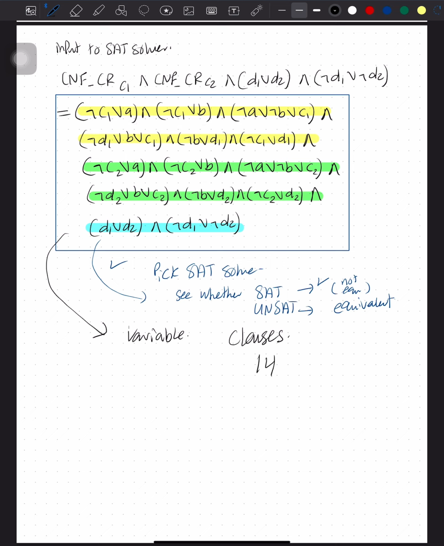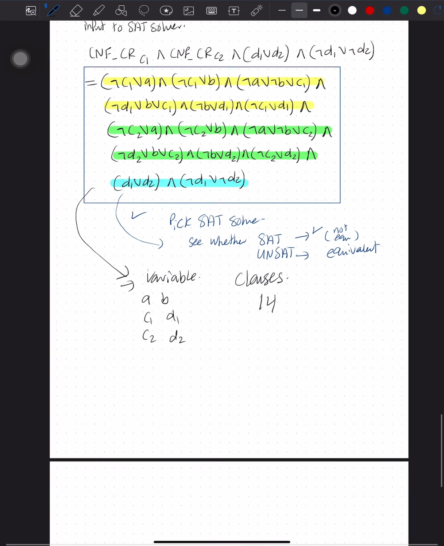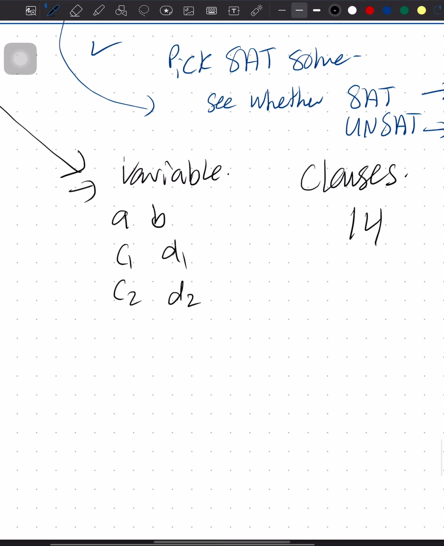Yeah. And then how many variables? Well, I know I have A and B, and I have C and D, but I have C1, D1, C2, D2. You can double check. I don't think there is anything else. So we have 6 variables total.